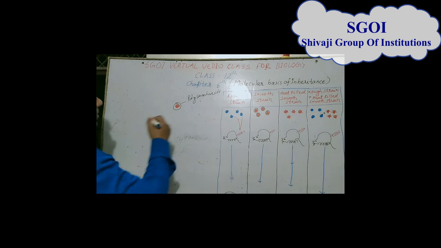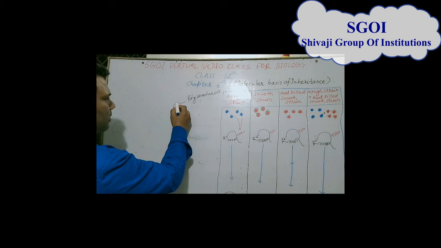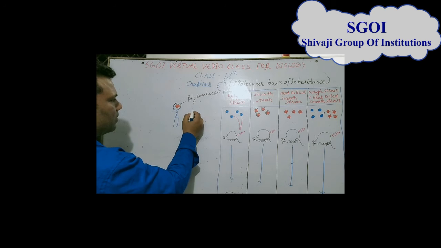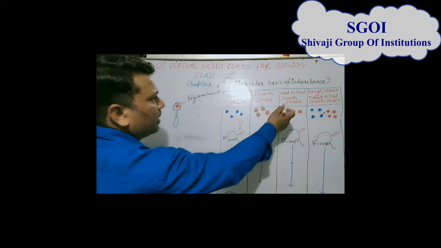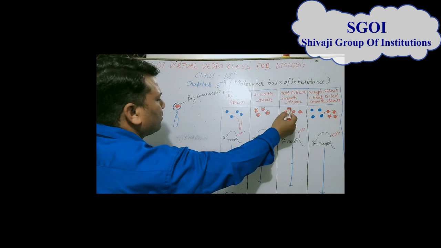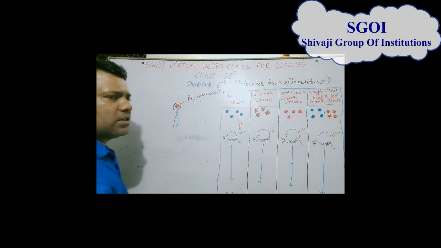When heating takes place, the polysaccharide covering of such a strain is destroyed, and it can be seen here. The heat killed smooth strain does not have the covering of polysaccharide. That's why it is non-virulent in nature.